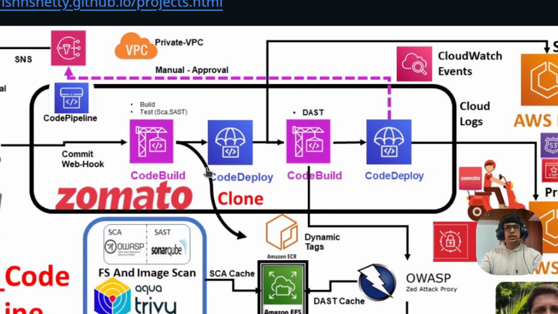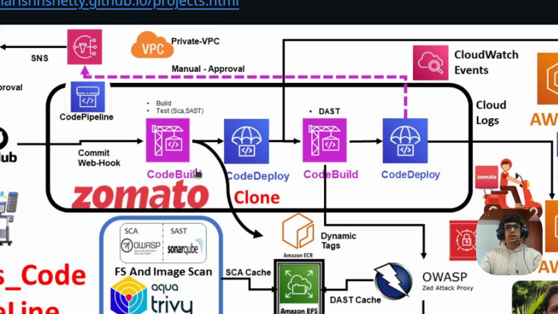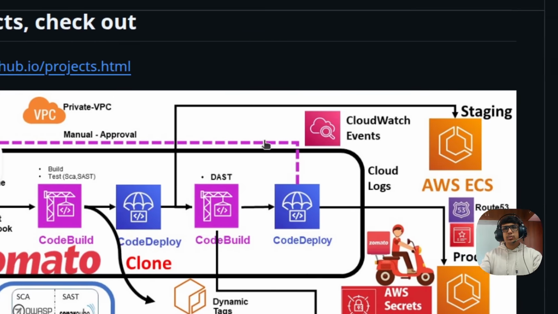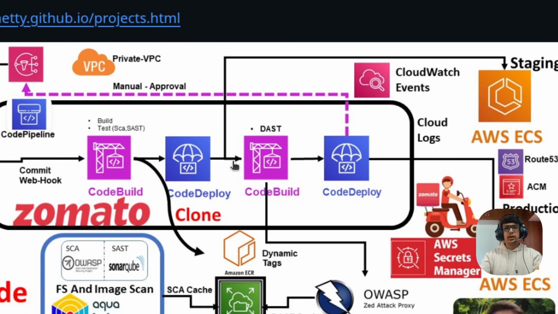Once the code is built and ready to deploy to ECS, it triggers the CodePipeline, then moves to the staging ECS stage, which deploys automatically by using the image definition, right?